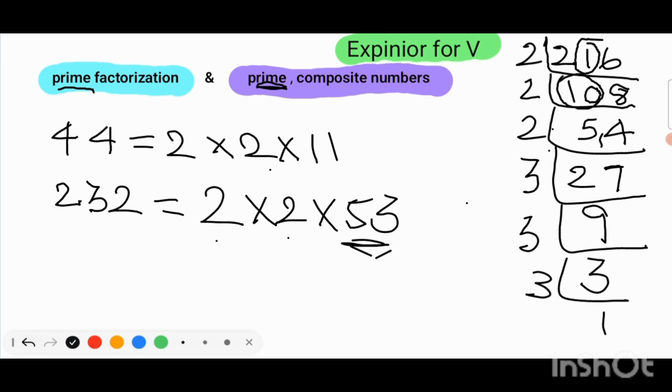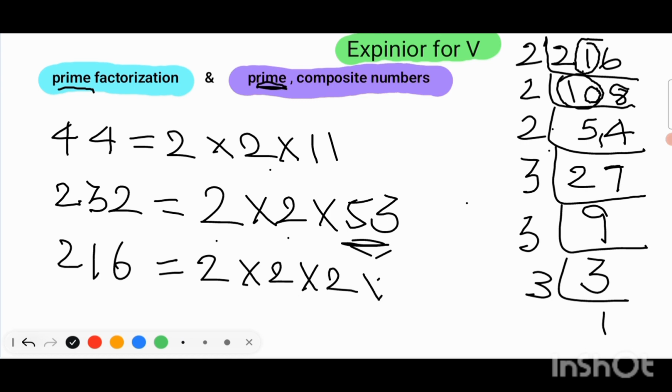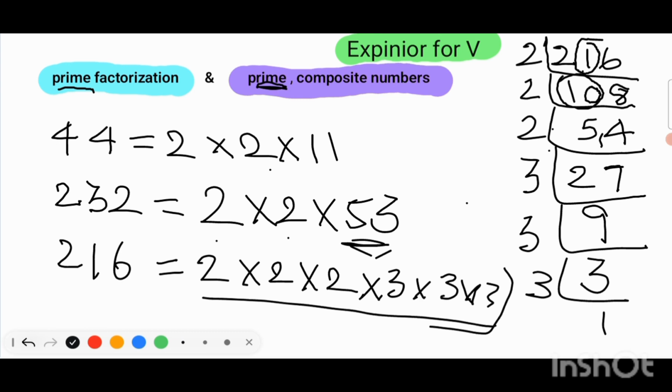Remember, when you are taking two numbers from the middle, you have to put 0. If you are taking two numbers at the starting, there is no need to put 0. So 216 is expressed as 2 into 2 into 2 into 3 into 3 into 3. All of them will definitely be prime numbers.